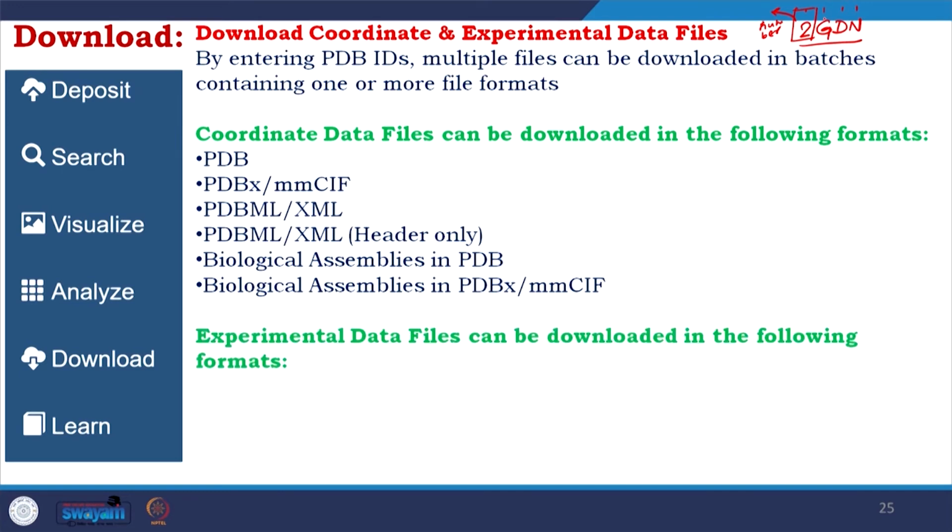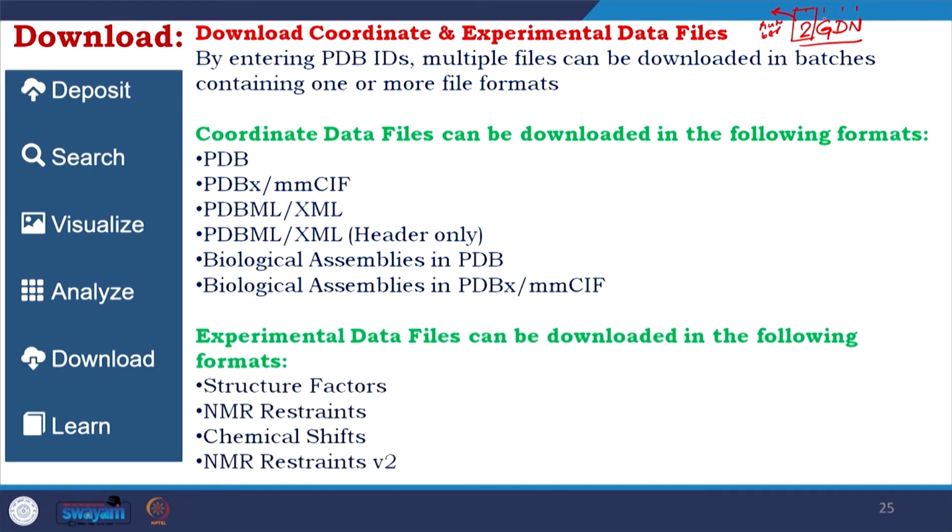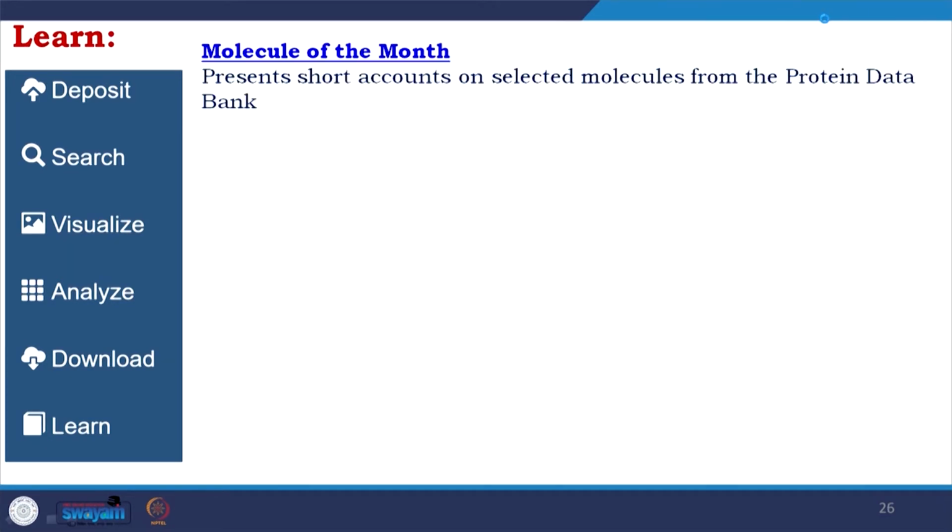Experimental data files can be downloaded in the following formats: structure factors, NMR restraints, chemical shifts, and NMR restraints in a new version.